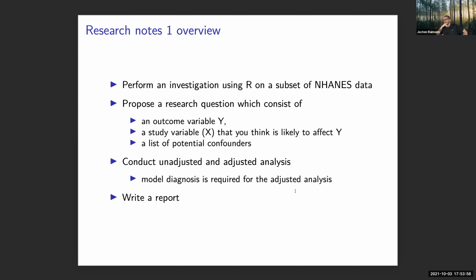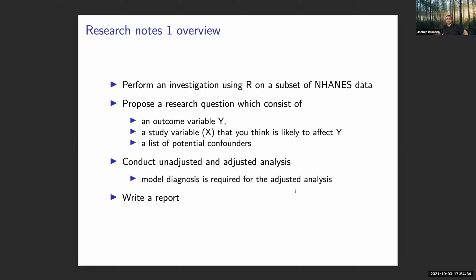It's very important to keep in mind also when developing research questions, when studying research questions, and when designing analytic approaches. So the research note 1 that is being assigned today asks you to perform an investigation using R on a subset of the NHANES. We are proposing a research question which consists of an outcome using variable Y, a study variable X that is likely to affect Y, and a list of potential confounders that you're interested in. Then I would ask you to conduct unadjusted and adjusted analyses.